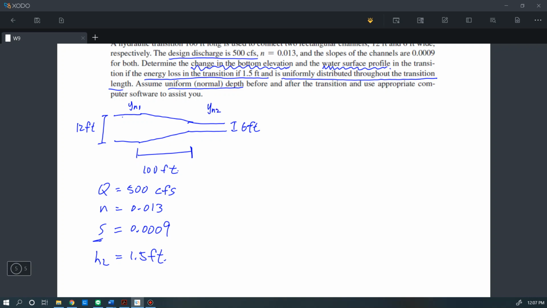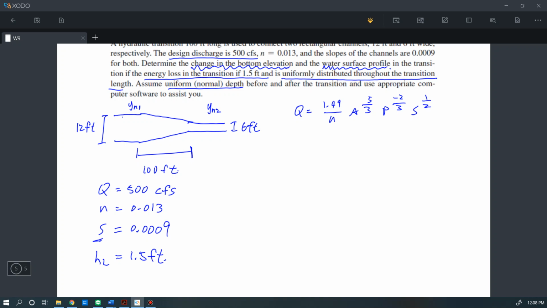Okay, and to solve that we will need to use the Manning equation to solve for the normal depth. We write down the Manning equation: the flow is equal to 1.49 divided by n times A to the power of 5 over 3, divided by P to the power of 2 over 3, times the slope to the power of 1 over 2.